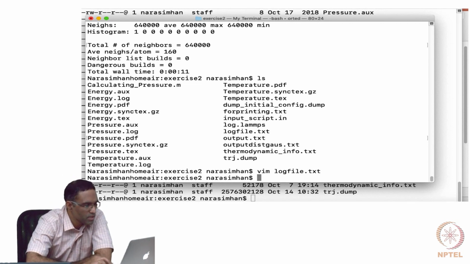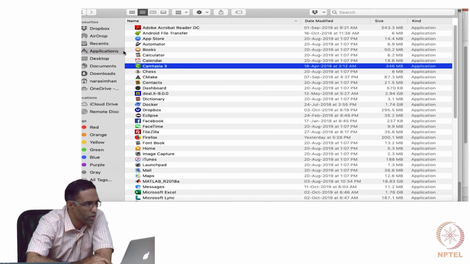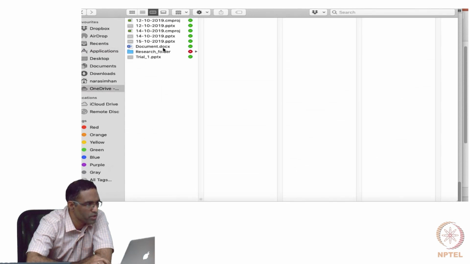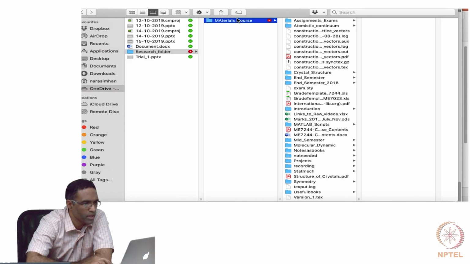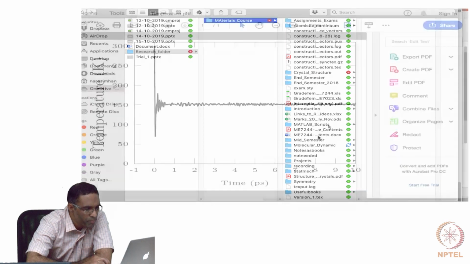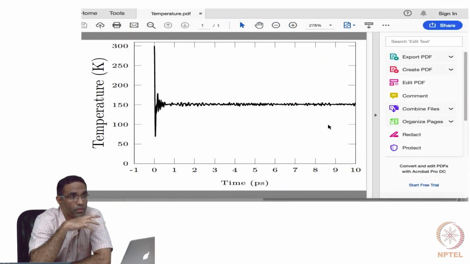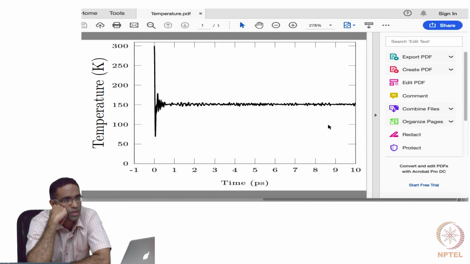These are some of the things that we can look at. The first thing is, let us look at the temperature. I have already finished these calculations. I have done it for a longer period of time just for illustration purposes, so I won't run it again here for that long. So this is the temperature profile. What are you seeing here?